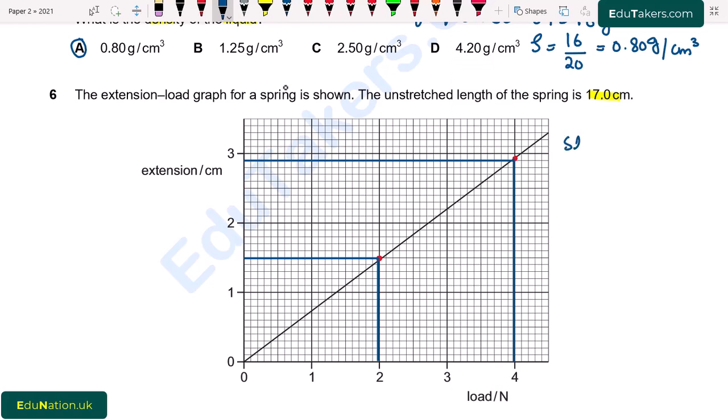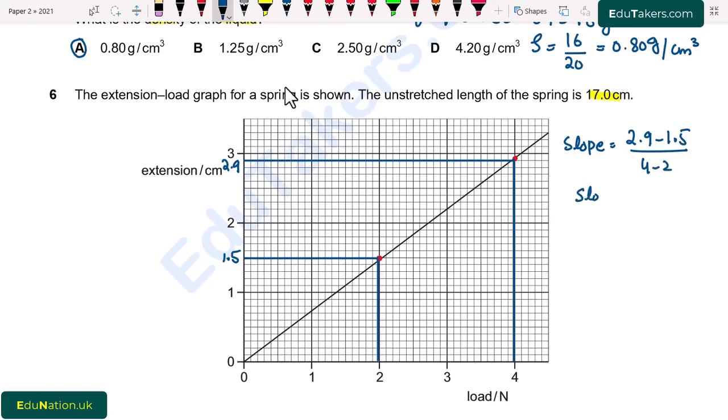So slope will be equal to, this point is 2.9 and here it is 1.5. 2.9 minus 1.5 divided by x2 minus x1, 4 minus 2.